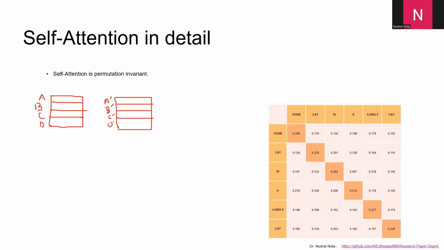So if I change the position of my input, like B changes its row and C comes to the upper row, the author says that the value of this attention won't change, only the position will change, not the value of self-attention. So that is the property of self-attention, that it is permutation invariant.